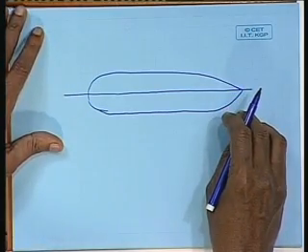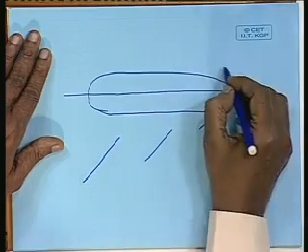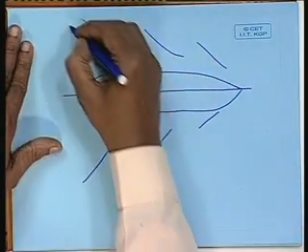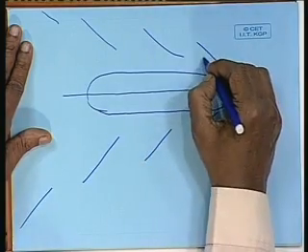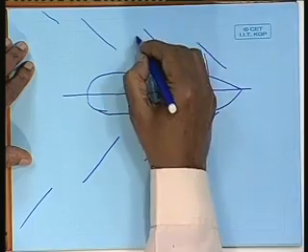Sorry about the asymmetry of the diagram, but what we will get? We will get a set of divergent waves like this, going farther away, and excuse me, a set of transverse waves.